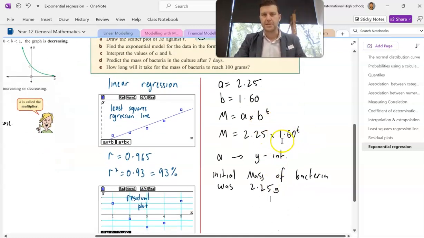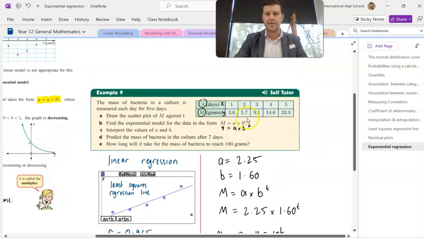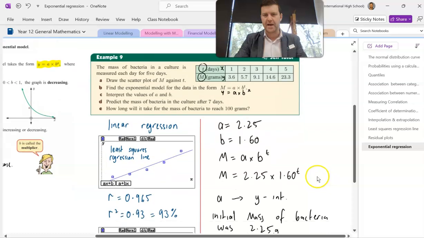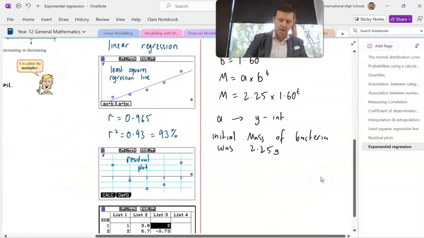What about the value of B in this case? Okay, again, it's asking us to interpret in terms of the problem. And remember, this is our multiplier, and because this value of B is greater than 1, it suggests that the mass of the bacteria is increasing. We can see it's increasing from day to day. How much is it increasing by? Well, it's increasing by, in this case, 60%.